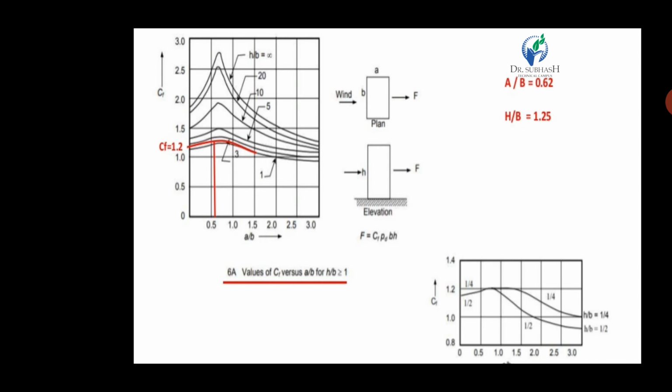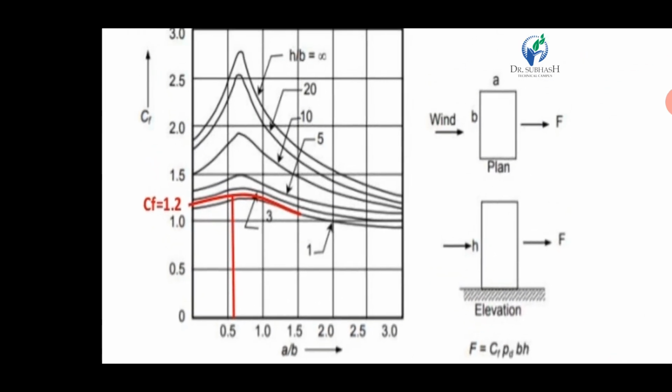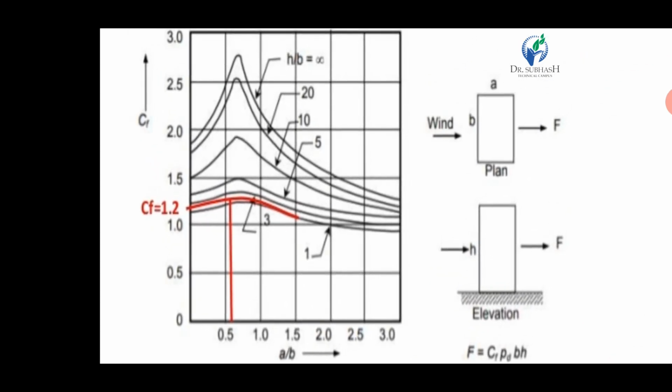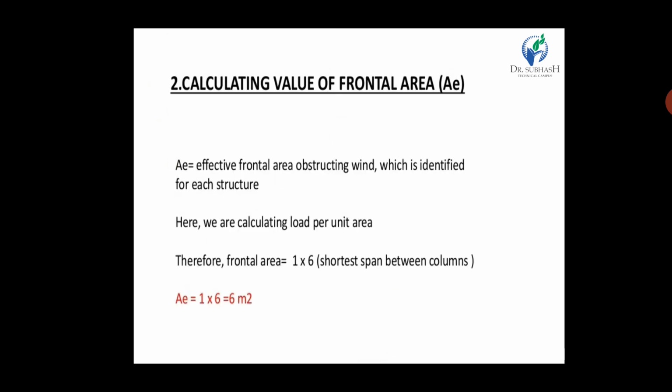Our location point is between 1 and 1.5, not in the middle, so we will take CF equal to 1.2. You can see in this figure our point is located where both points bisect at the mid height of 1 and 1.4. So we will take CF equal to 1.2 according to 6F.